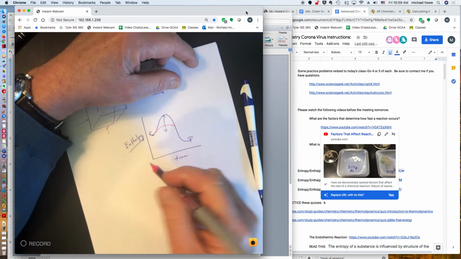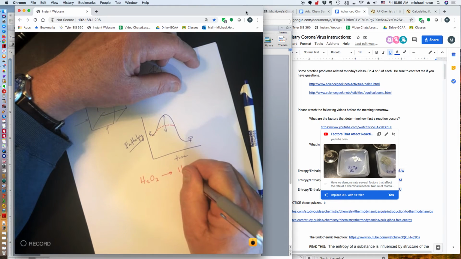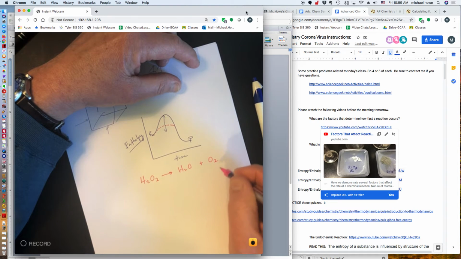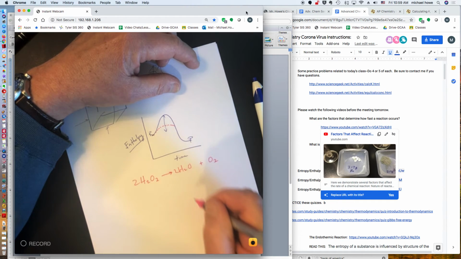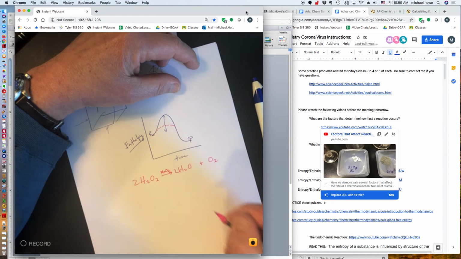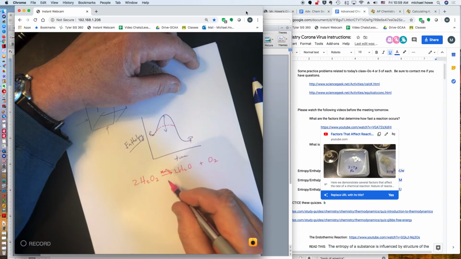In your experience in my class, we've done this reaction where we have the decomposition of hydrogen peroxide to create oxygen. That's where we put a glowing splint in a test tube, and the splint relit in the lab we did in class. To make that go faster, we put this little black powder in, which is commonly called manganese dioxide, or technically manganese(IV) oxide.